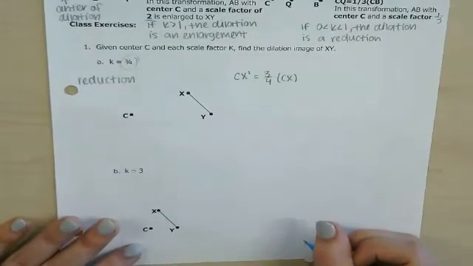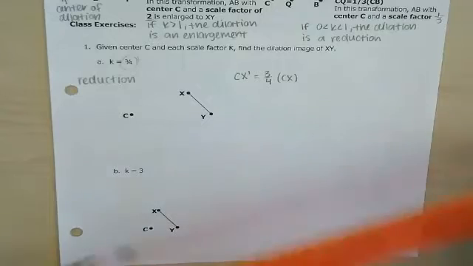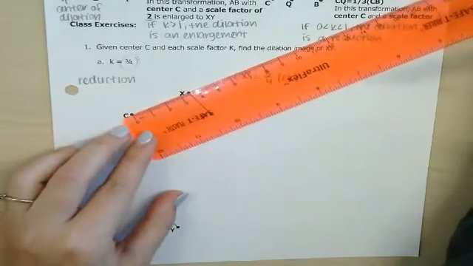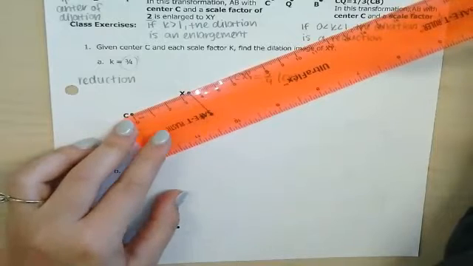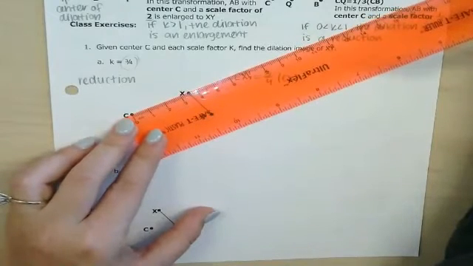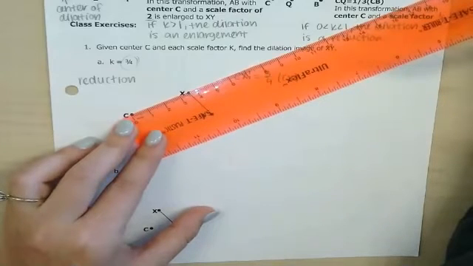So all we need is how long CX was. So we're going to take our ruler and we're going to measure in millimeters. So on the small side, how far it is from 0 to that point X. Last period, there was some debate on whether it was at 35 or 36.